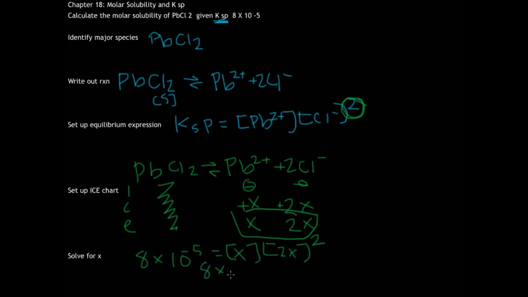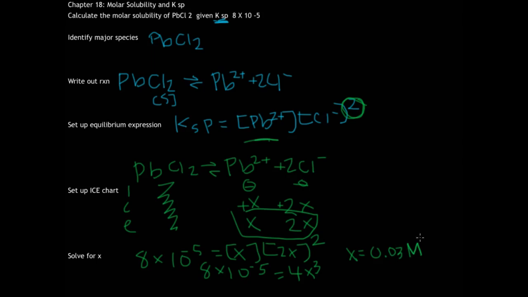So 8 times 10 to the -5th equals 4x cubed. You divide both sides by 4 and take the cube root. When you do that, you end up with x equaling 0.03 molar. Remember, these are concentrations, so it's molarity.